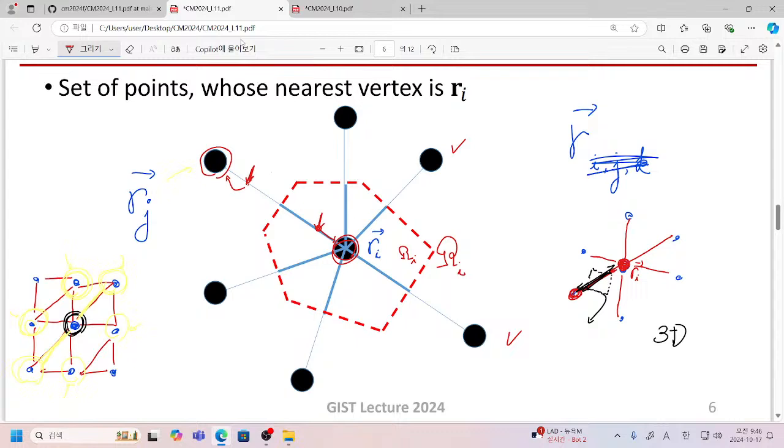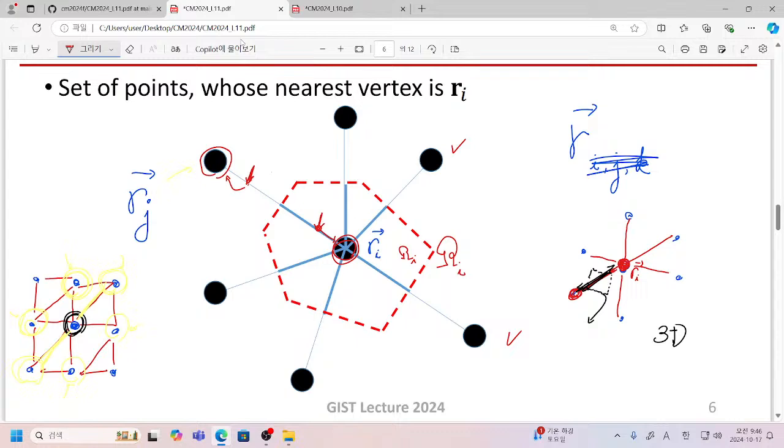Yes. So, for example, here we have three students in our classroom, and if we consider any point here, then this point should be assigned to you or you or you. So the way is just to calculate the distance.